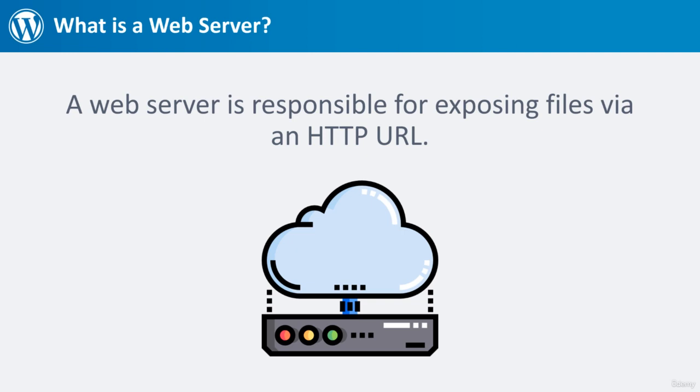Without a web server, our computers won't be able to send the images to the browser. The responsibility of a web server is to expose files via an HTTP URL. In a future lecture, we will dive into the mechanics of a web server. This lecture is meant to give a high-level overview of the programs we're installing.